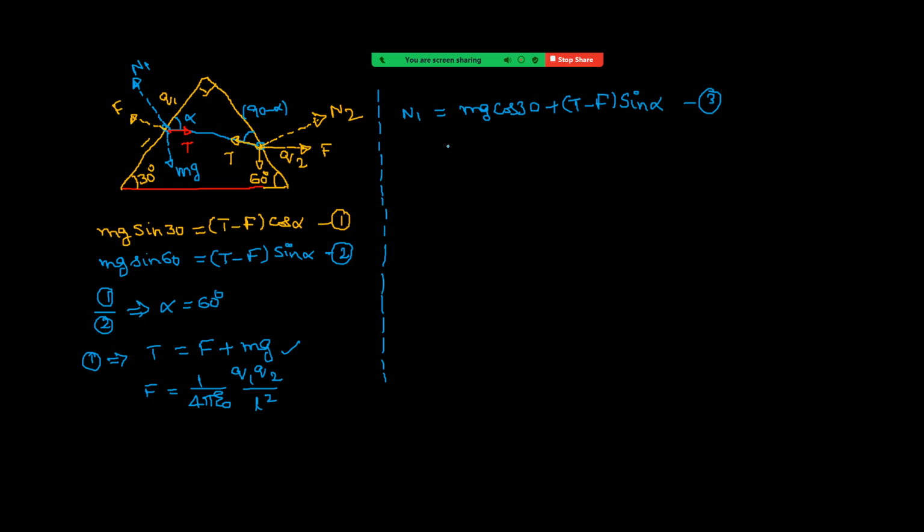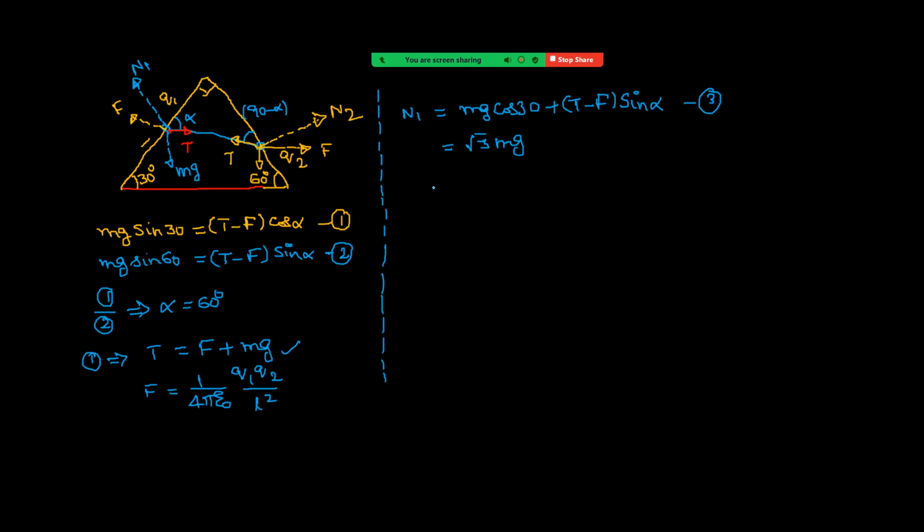That means it is equal to mg into root 3 by 2, again mg into root 3 by 2. This becomes now root 3 mg. How? We are taking from equation 2, in the place of (t minus f) sin alpha, substitute mg sin 60.